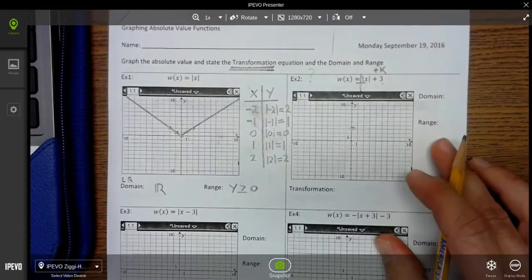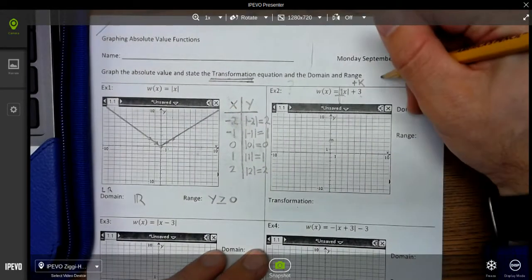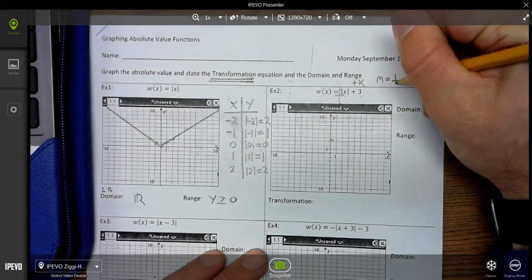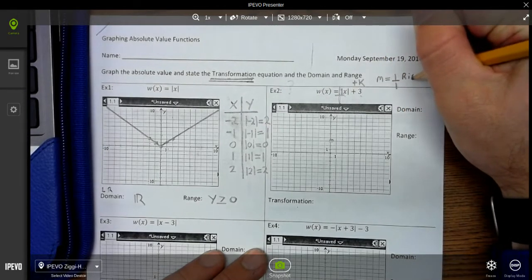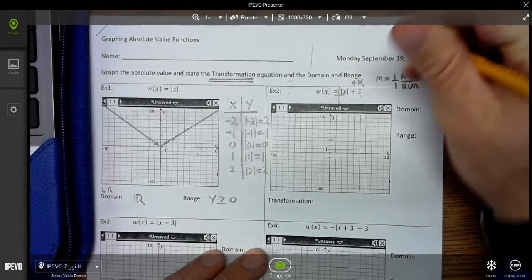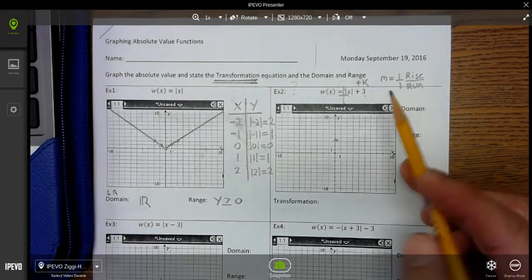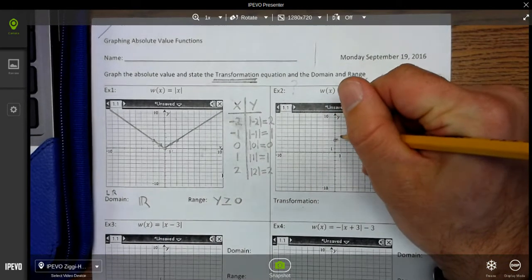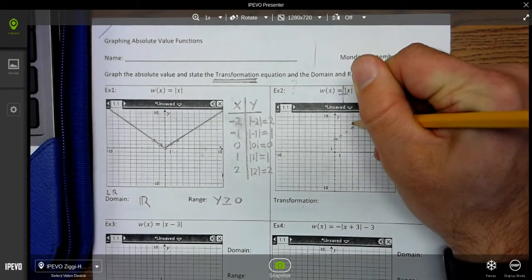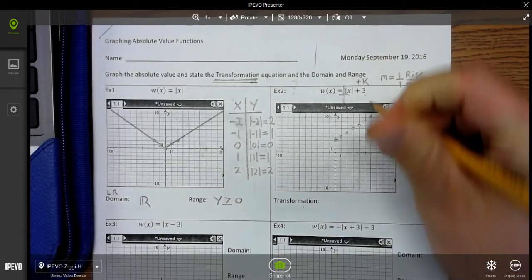Since slope is rise over run, the slope m is 1 over 1. So we're going to rise 1 to the right 1, rise 1 to the right 1, and keep going.